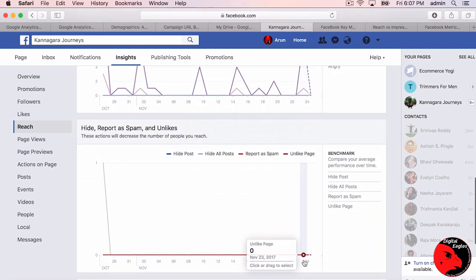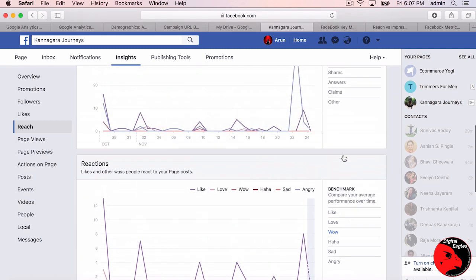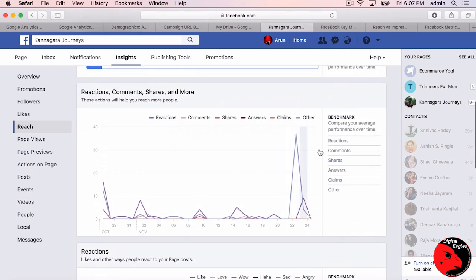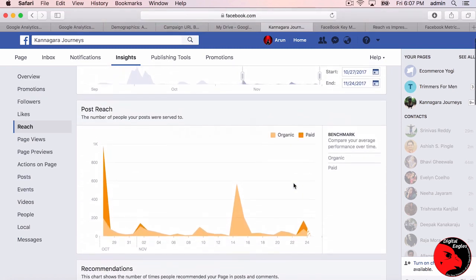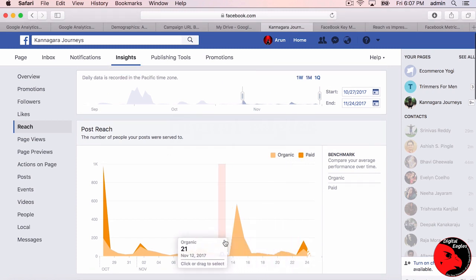And you can see the reactions and how the reactions have moved over a few days. Ideally you want a graph which is an upward incline, not just going up and down. You would want an ever increasing graph.